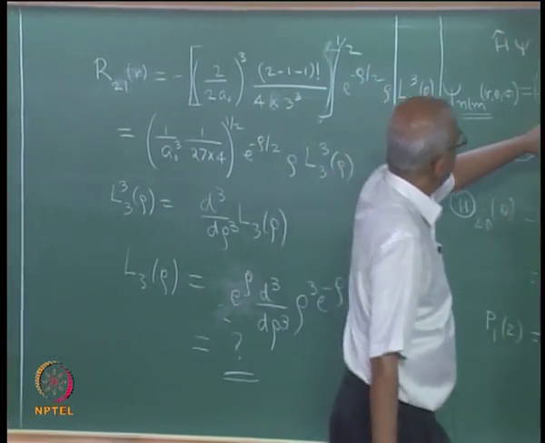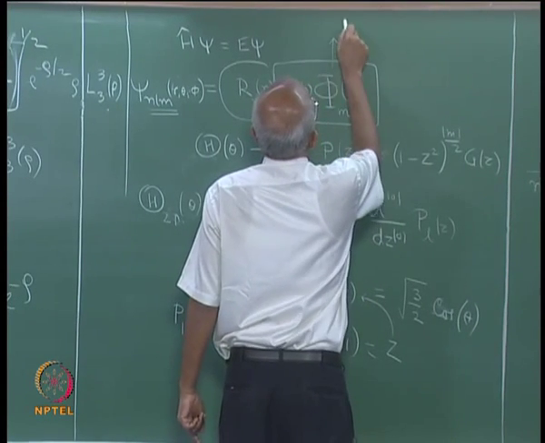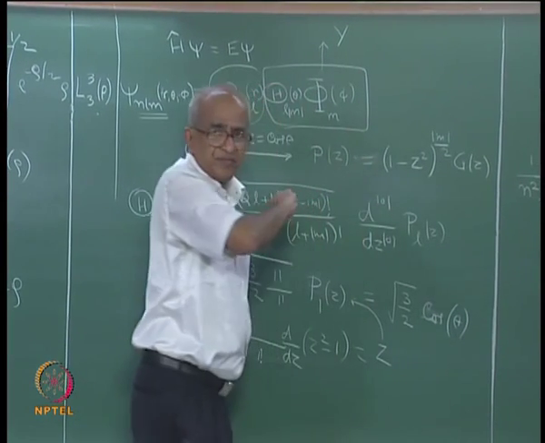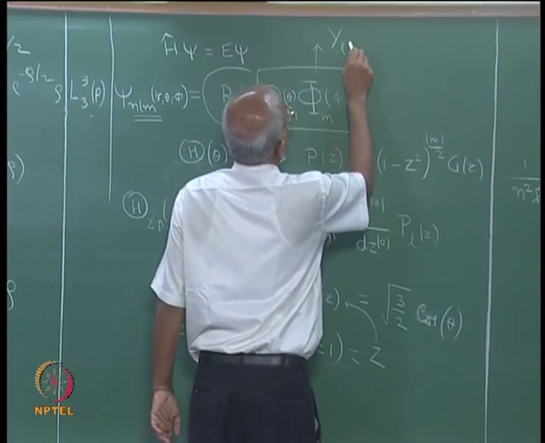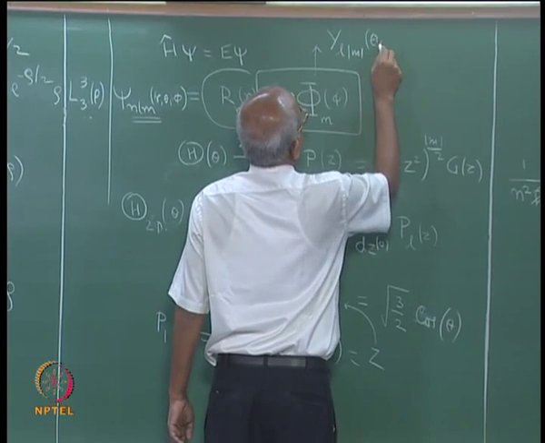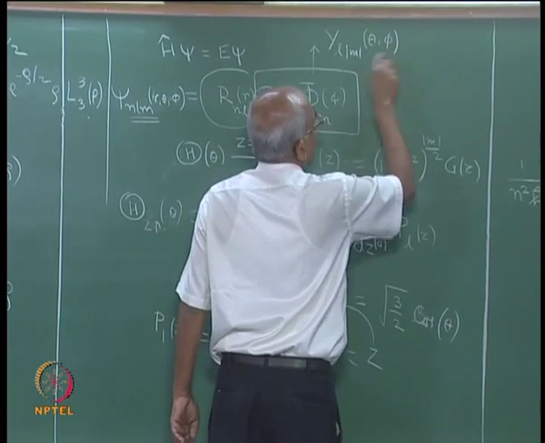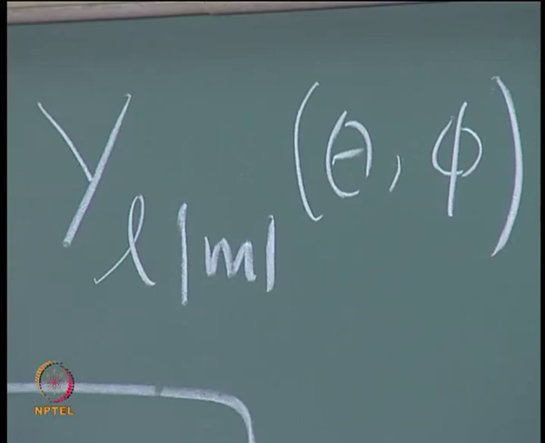And further, usually this product is denoted by the symbol y with a subscript L and the subscript m, and it is written as a function of these two angle variables, which actually denote directions in space, as I have told you.